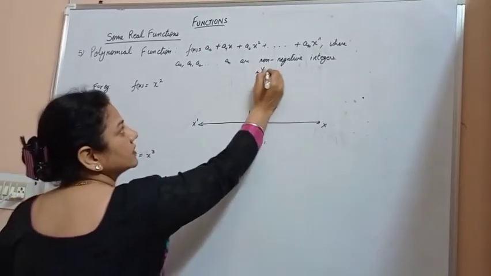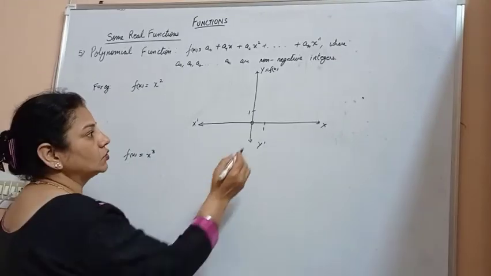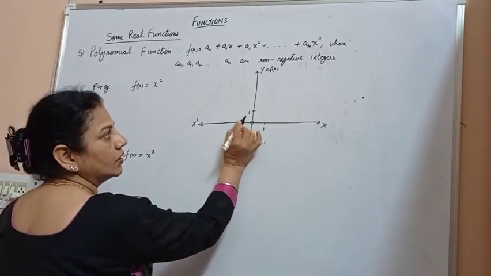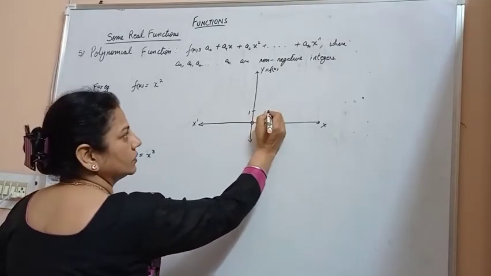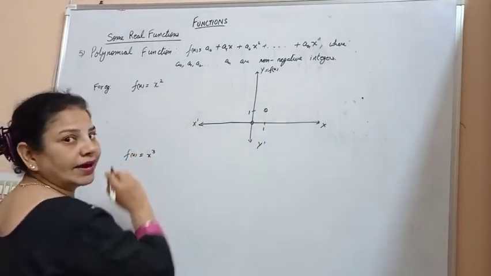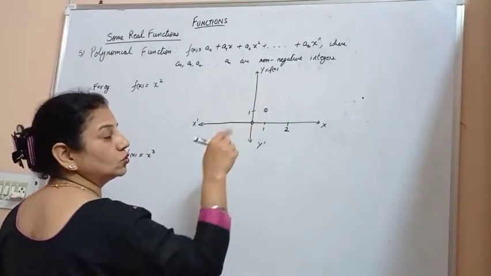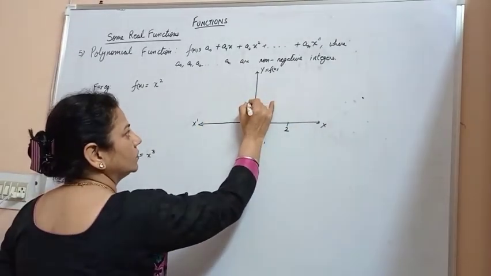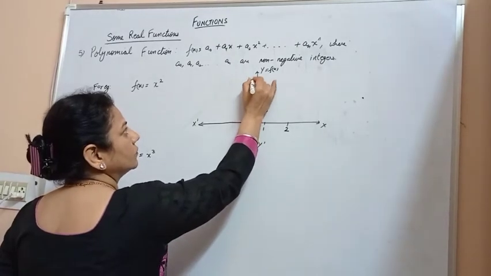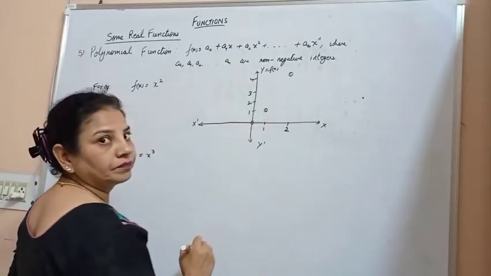We know that f(x) is the value of y. So I will plot the point here. Giving x as 2, we get f(x) as 2 squared, which means 4.